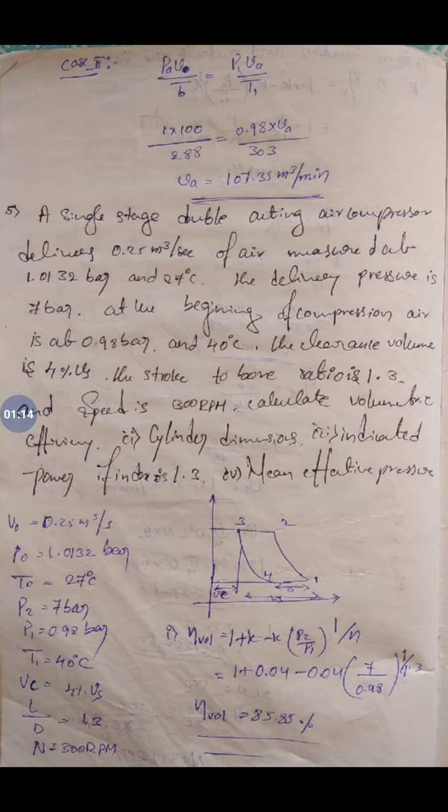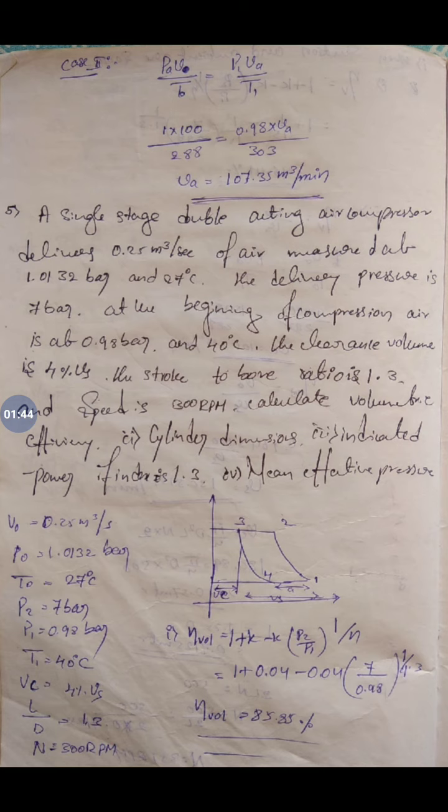If you look into the PV diagram here, I have already explained it. From the origin up to the point 1 is nothing but clearance volume plus swept volume. So the actual volume VA is nothing but 4 to 1. First, he has asked to find out the volumetric efficiency. Here he has given the clearance ratio in terms of swept volume, so VC by VS you will get as 4%.